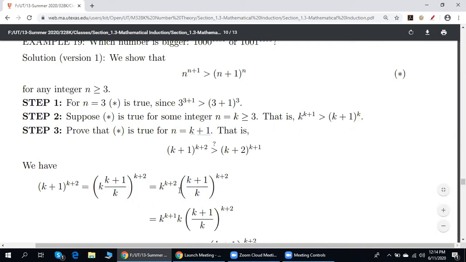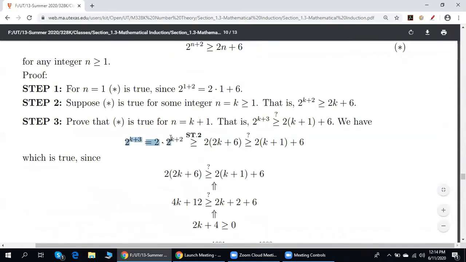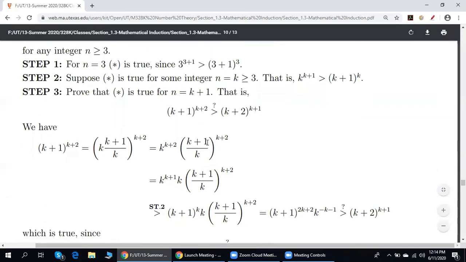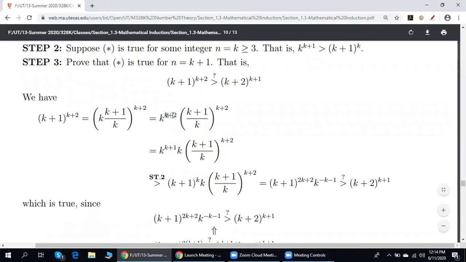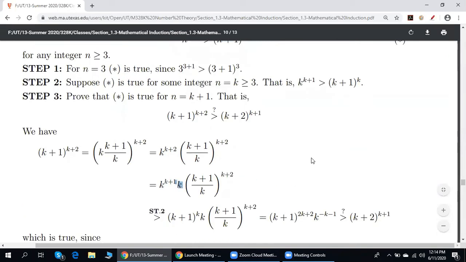Next step is very similar to what we did before. Let us rewrite k to k plus 2 as k to k plus 1 times k. Now, if we multiply the left-hand side and the right-hand side here by k times this, the left-hand side becomes this, the right-hand side becomes this.